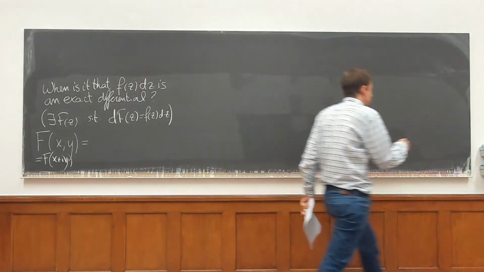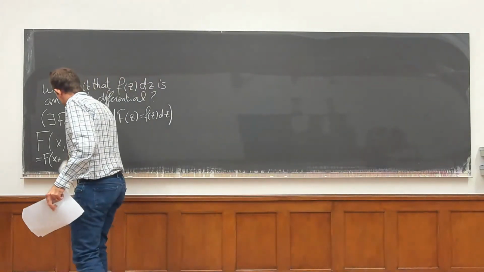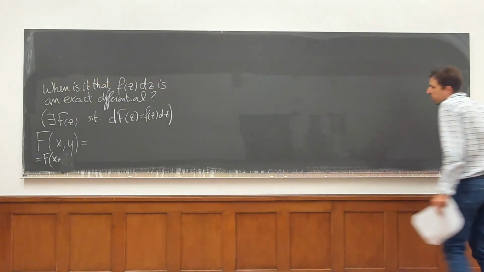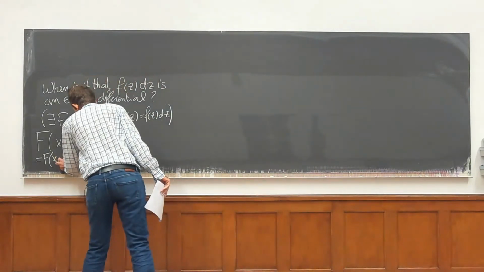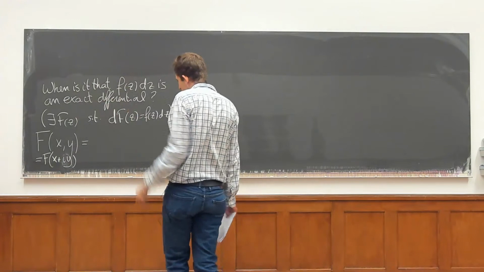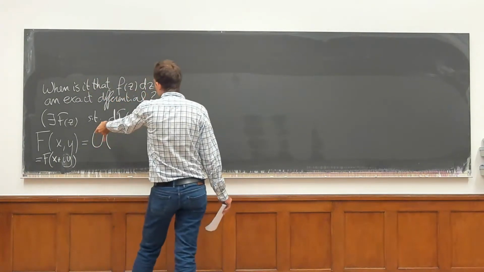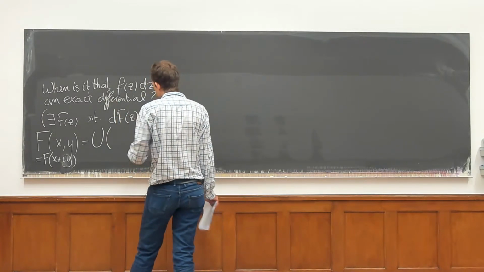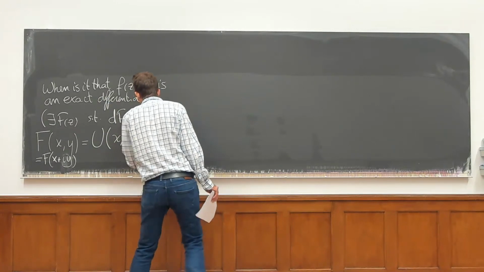I think this is probably the last time that we need to make this identification with the reals, but I'm not 100% sure. So f is equal to some function, which I'm calling u because it'll be a primitive, clearly. Its derivative needs to be the function in some form, and we'll try to see exactly what form.